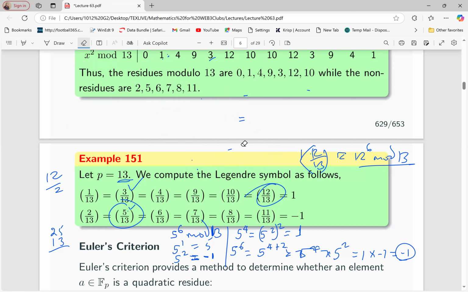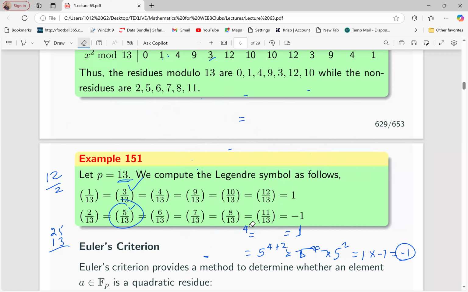So that is how we use the Lagrange symbol to tell if a number is a quadratic residue, that is, if it has a square root or if it doesn't. In most cases, we are not interested in the square root. We're only interested to know if that number has a square root.